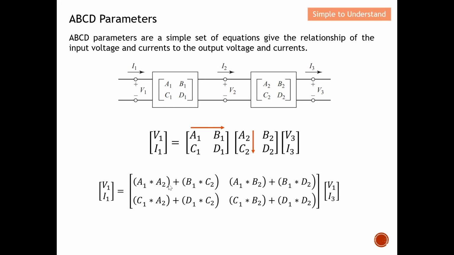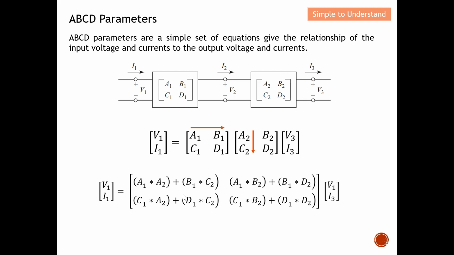So how can I get the first item of the 2x2 matrix? I will use A1 multiplied by A2 plus B1 multiplied by C2. As indicated by the arrow, I multiply this by this, plus this multiplied by this, and I will get the first component.